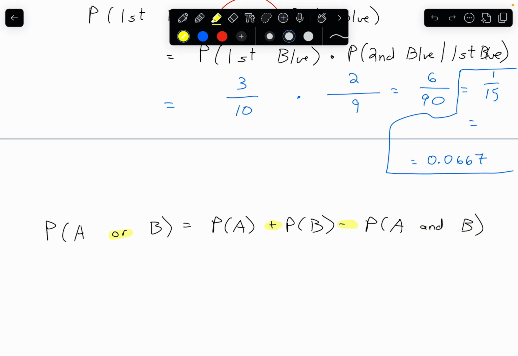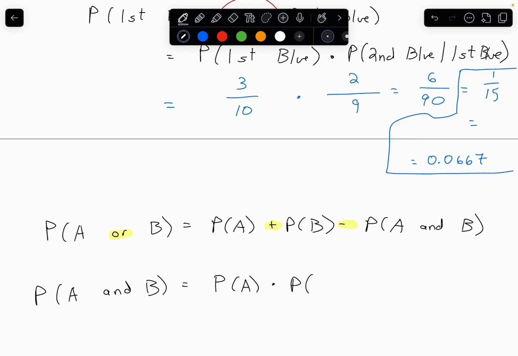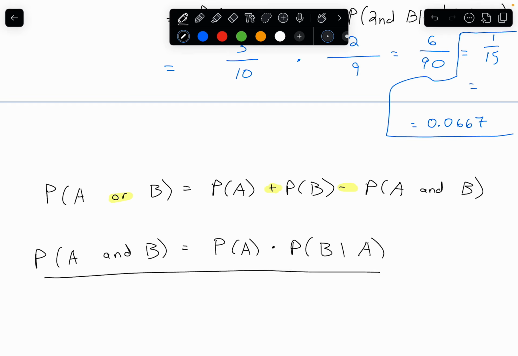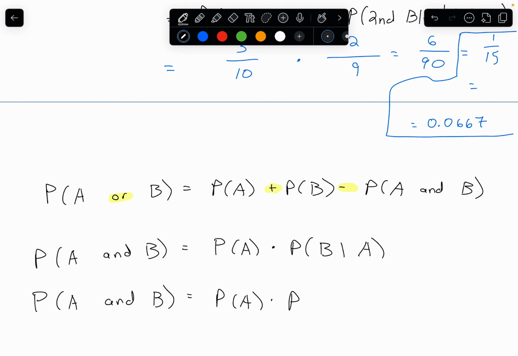But in general, I like to think about or probabilities as we are adding, versus if I want to talk about and probabilities, probability of A and B, that was probability of A times the probability of B given A. So that matters here, whether we're talking about independent events or dependent. If they're independent, then it's a little bit simpler. It's just probability of A and B is equal to probability of A times probability of B.